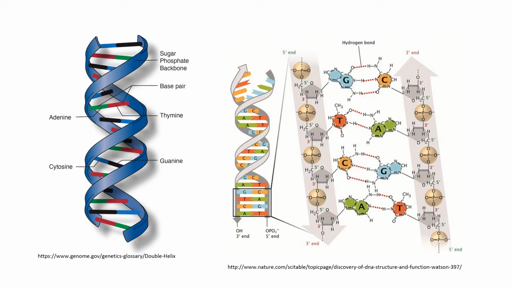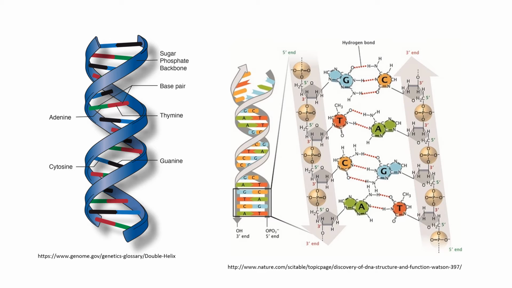So looking in this particular molecule, starting from the top, I have G, T, C, and A going down. Well, if I only had that half, I know what has to hook to the other side because G can only hook to C, T can only hook to A, so I can then tell you that the other helix has to be C, A, G, and T. And that is precisely how the body replicates.